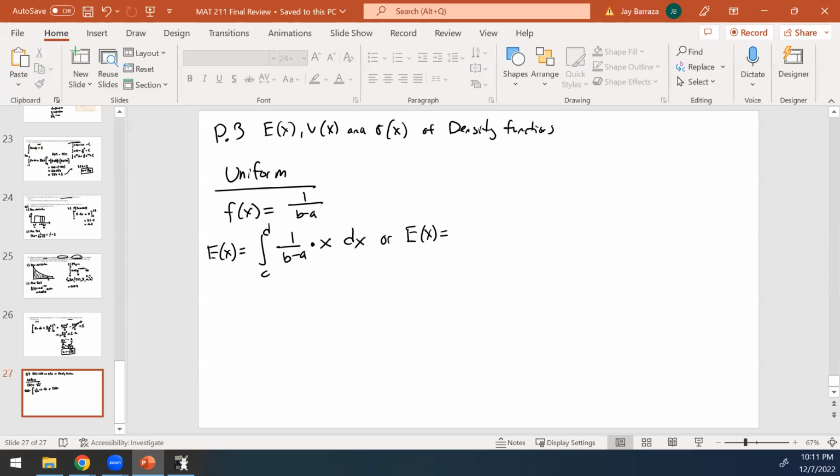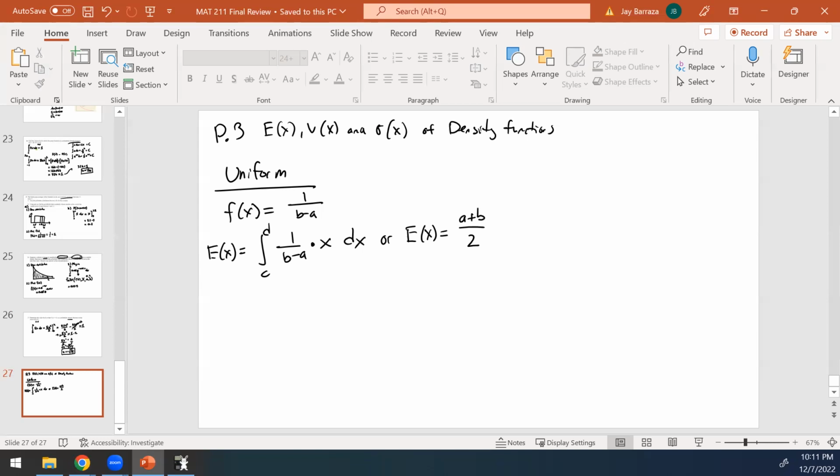Or did this one have a shortcut? I feel like it did. I might look in the textbook. Give me 1 second. A plus b over 2. So that's the shortcut to doing it.